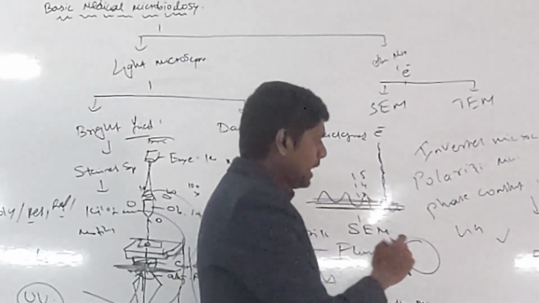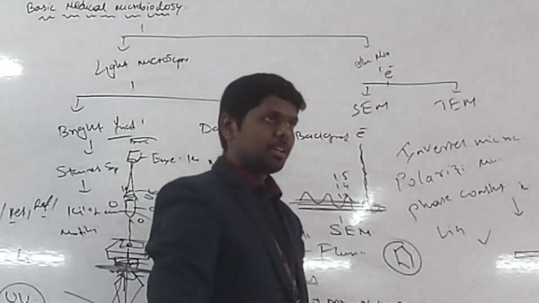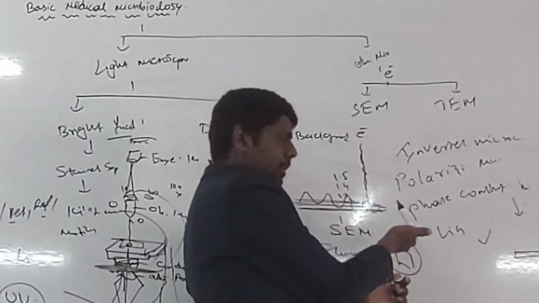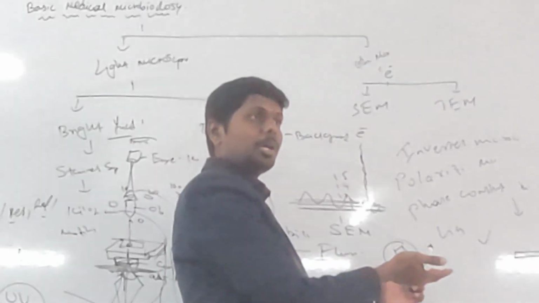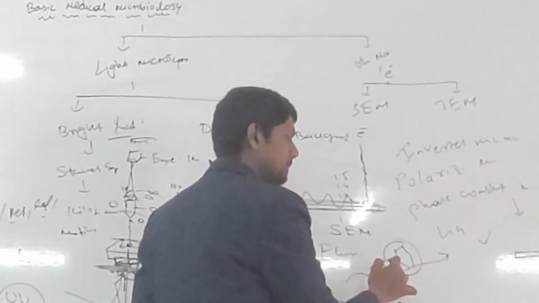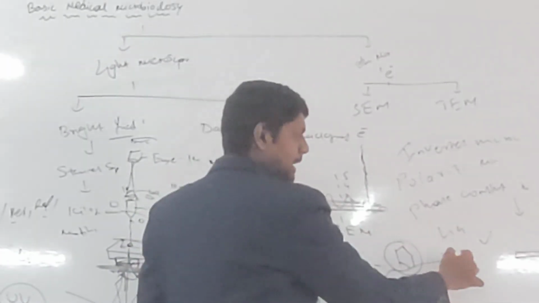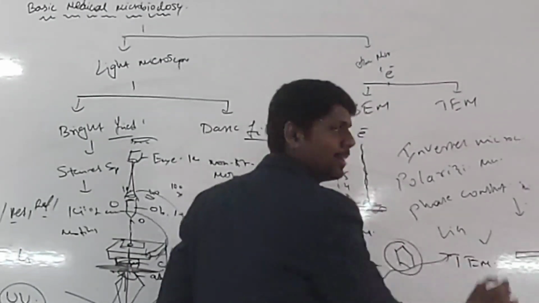But I want to study the viral internal structure. What is the nucleic acid of the virus? My electrons cannot penetrate into them. If I want to study the internal components of a molecule, then I need to transmit my electrons through the specimen. Hence, we got the transmission electron microscope.